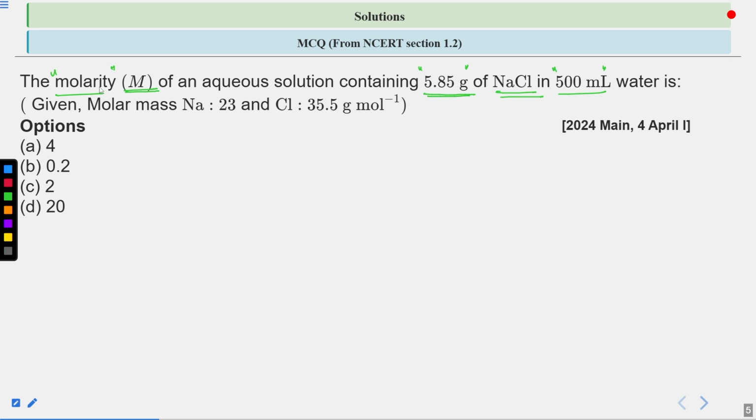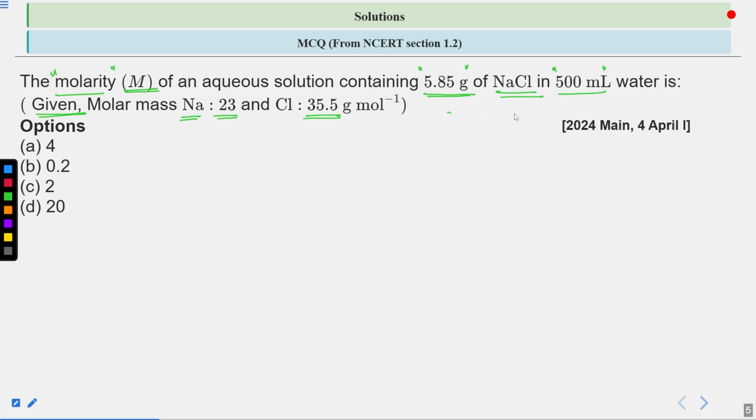The given quantities are the molar mass of sodium, which is 23, and of chlorine, which is 35.5 gram per mole. This is the molar mass for sodium and chlorine separately. You just have to identify the molarity of an aqueous solution in which the solvent is water and the solute is sodium chloride.